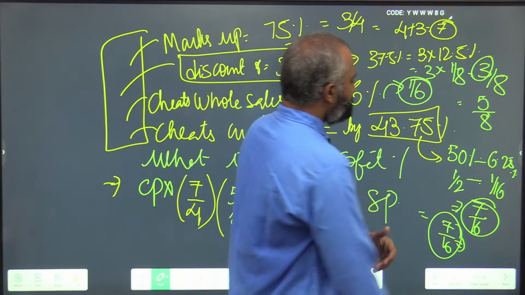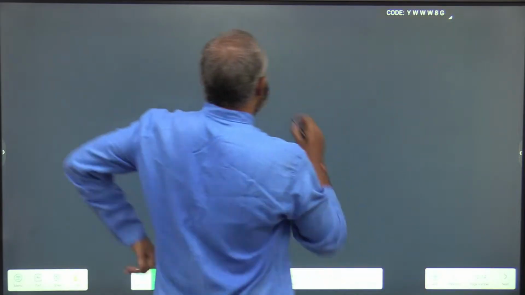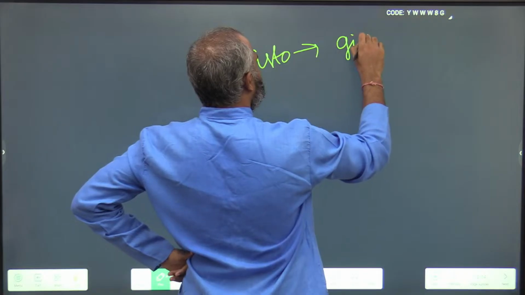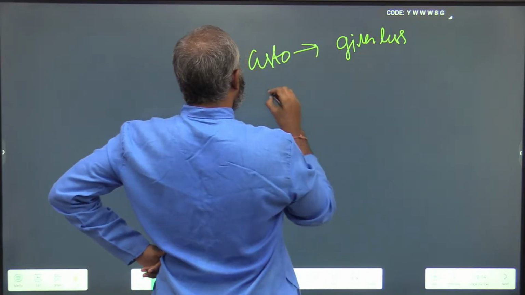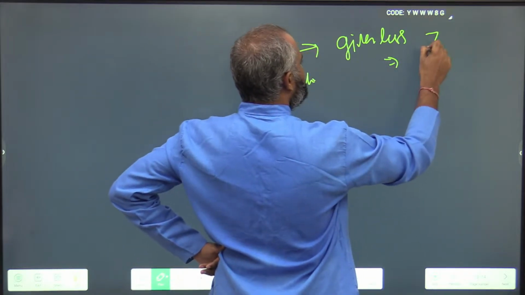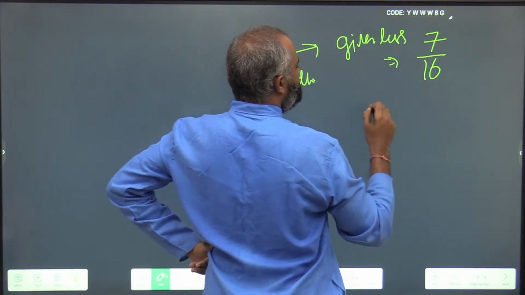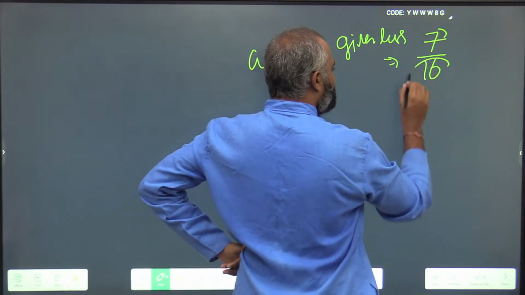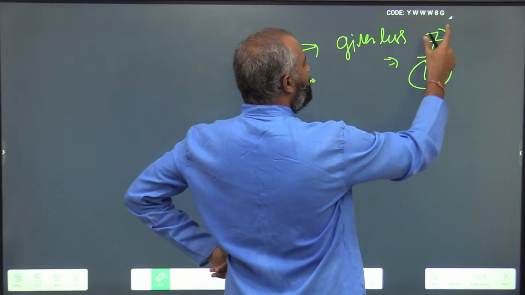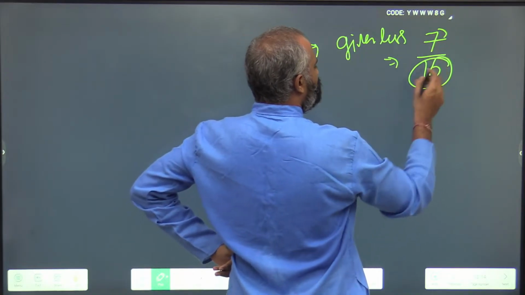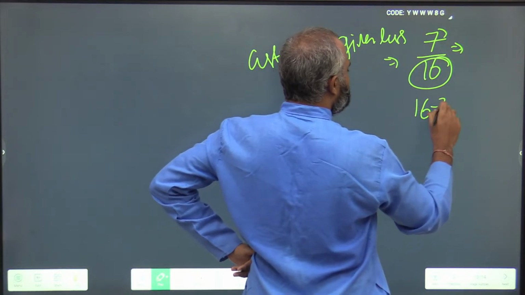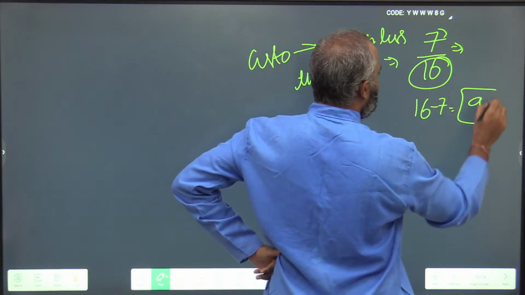So how does he cheat? The customer is being cheated by being given less than what is received. So what is the factor here? It is 7 by 16. He is taking the price for 16 units, but he is giving 7 units less. So what is he actually giving to the customer? 16 minus 7, which is 9.